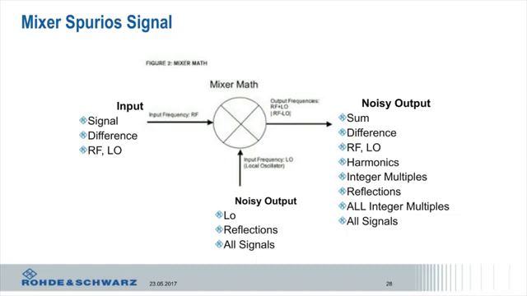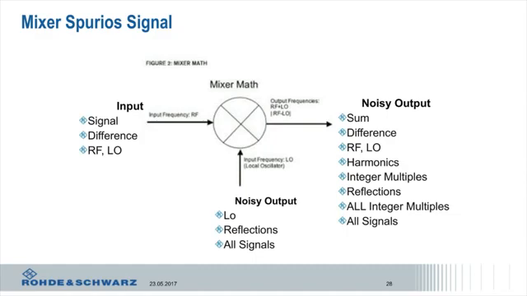That's all great, but the unfortunate reality is that when you do this, you're also going to generate unwanted signals. Typically, if I take the input for a down converter, I'm receiving a high frequency signal to take it down to a lower frequency.